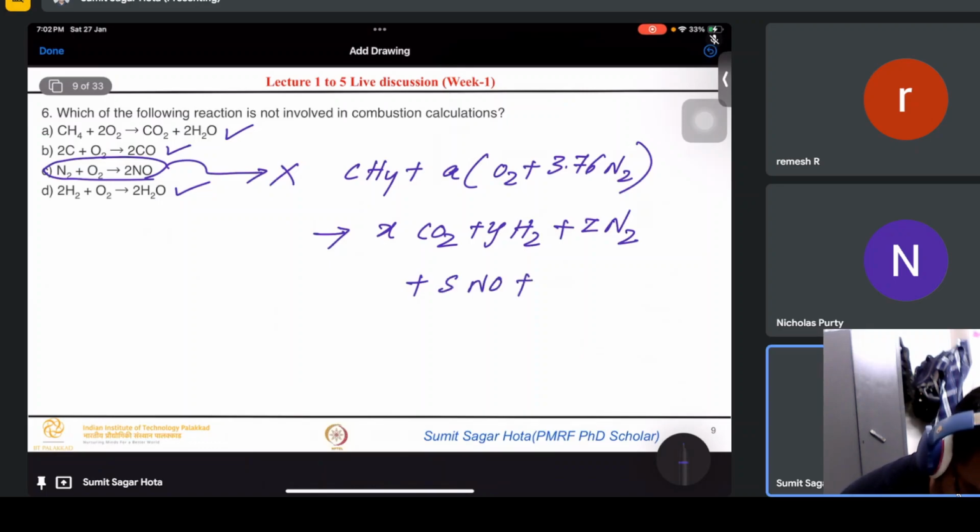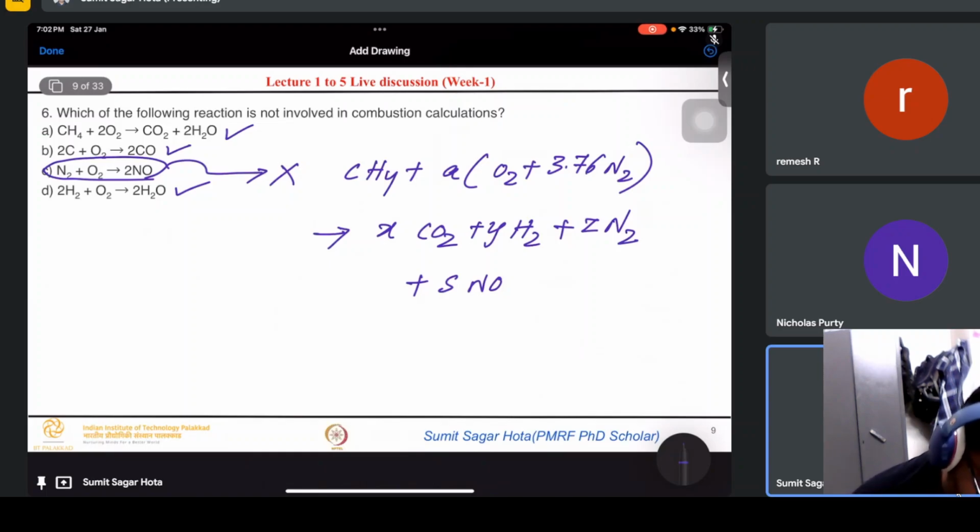By this, NO will come. For example, we have incomplete combustion. Oxygen in the product means there will be incomplete combustion. Sorry, initially I said excess, it's not excess.